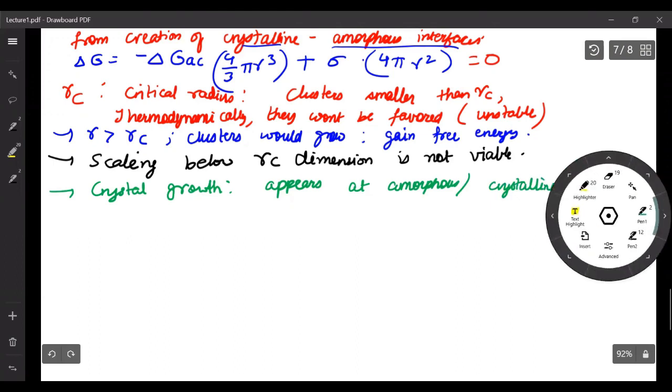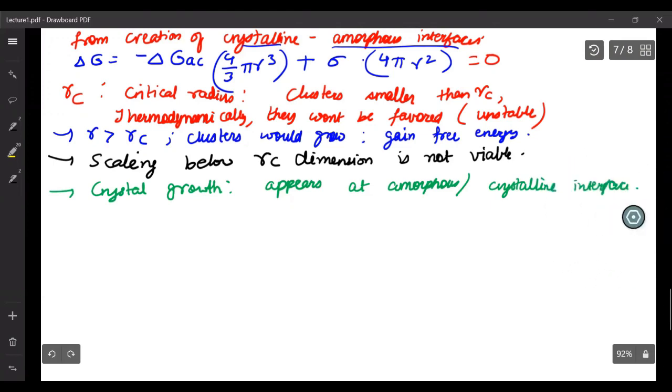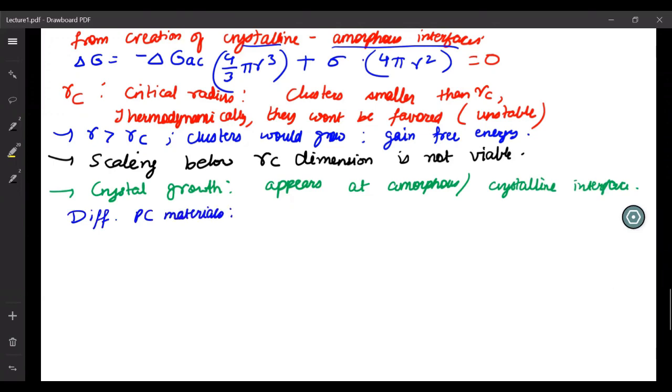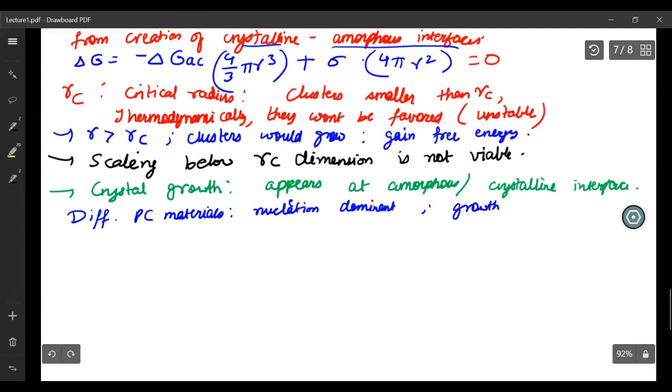And the best part is, if you look at different phase change materials, different phenomena are dominant. Some may have nucleation dominant crystallization, some may have growth dominant crystallization. And how can we see that?